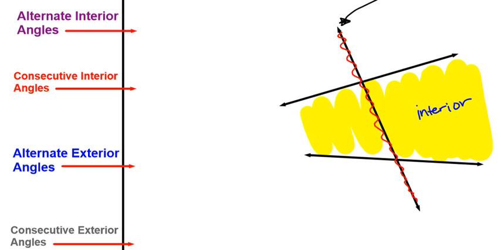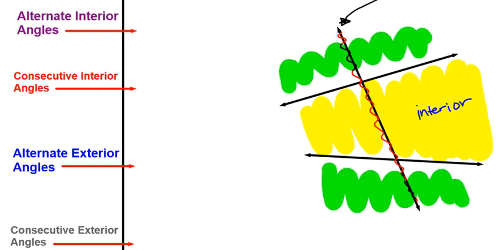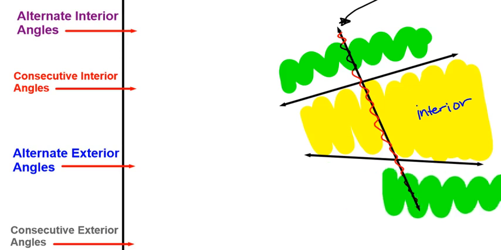That means outside of the lines, that would be considered the exterior part. So this guy right here and this guy right here, those are the exterior. I wouldn't shade those on your paper because I think that's going to be too much, but those two green parts, those are the ones we're talking about as exterior.